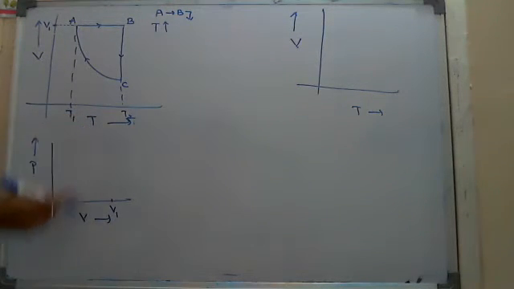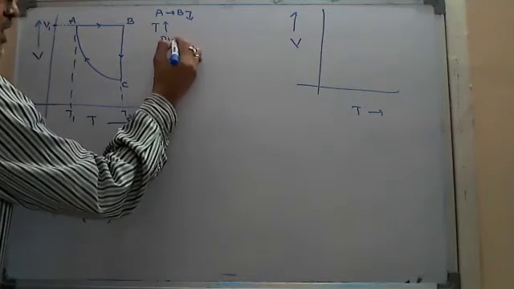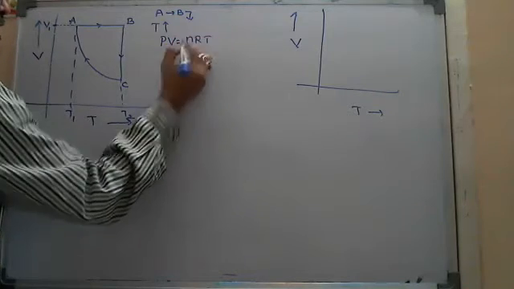Temperature increases at constant volume, so how does the pressure change? Again you go to your ideal gas equation, PV equals nRT.